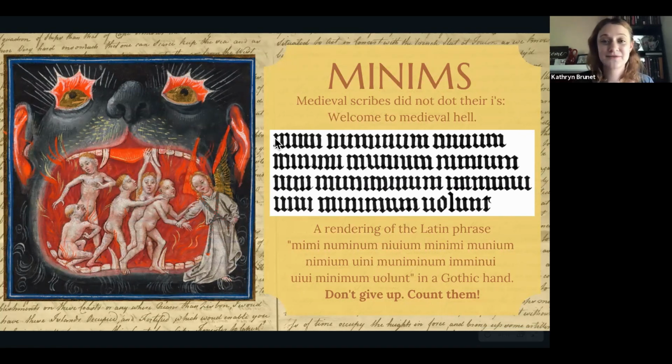If you see a bunch of downstrokes, you count them, and this is how you can sort of figure out letters without knowing all of the words. You would count Mimi, 1, 2, 3, 4, 5, 6, 7, 8. Those are 8 minims in this line. So then you could play with M's, N's, U's, and I's to figure out what kind of words that could make up.